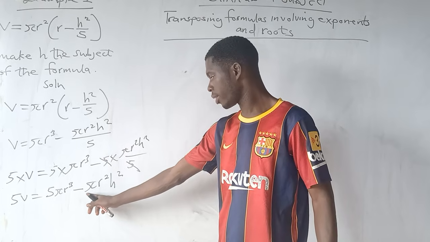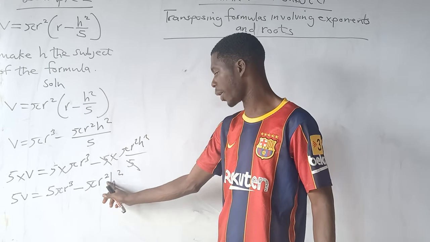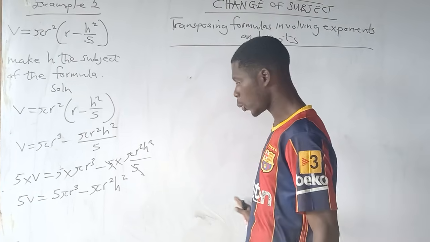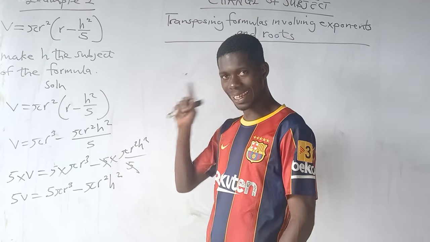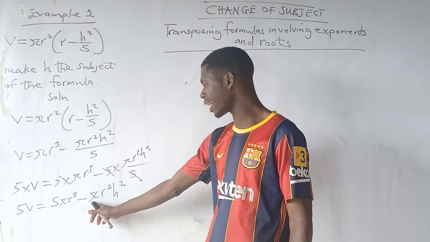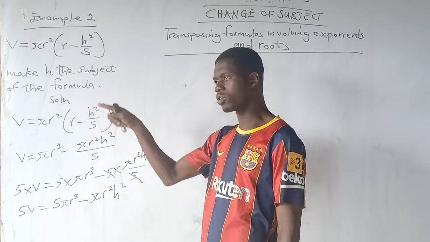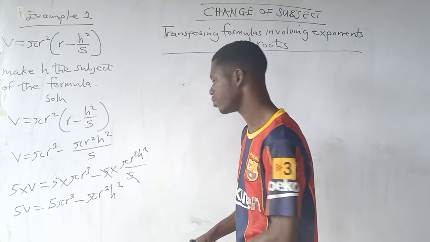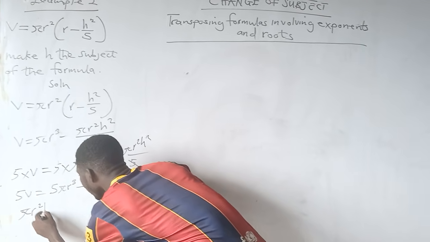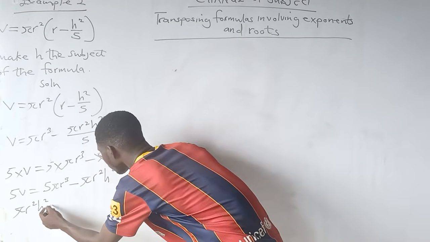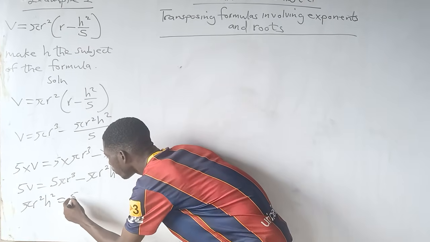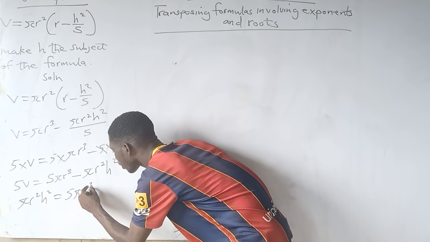So negative pi r squared h squared is now at the right hand side, right? So I'm sending it to the left hand side. Since it's negative at the right hand side, when I move it to the left hand side, it becomes what? Positive. Yes. So pi r squared h squared equal to 5 pi r to the power 3, right?